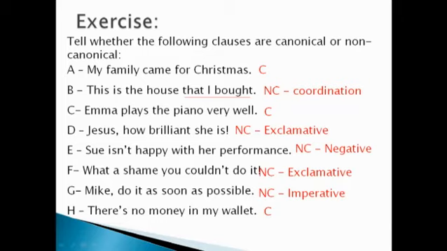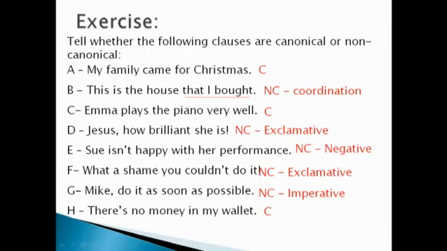Sue isn't happy with her performance is non-canonical because of "isn't", because of the negative feature. What a shame you couldn't do it. It's also non-canonical because it's exclamative, as in D. Mike, do it as soon as possible. It's non-canonical because of being imperative.